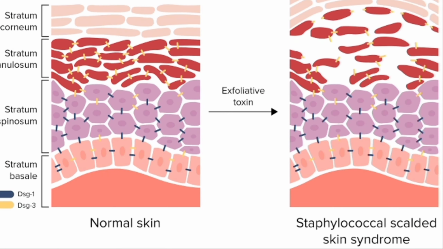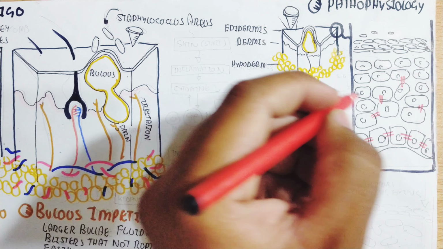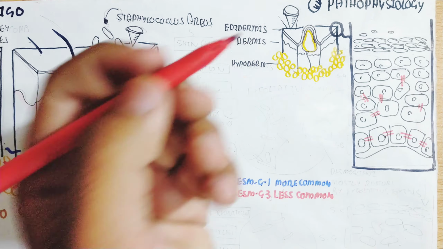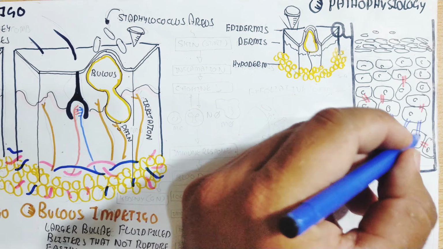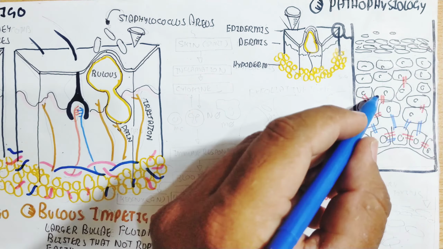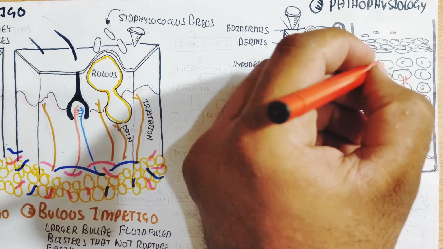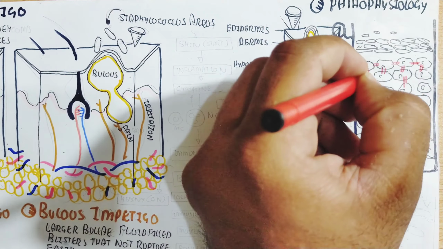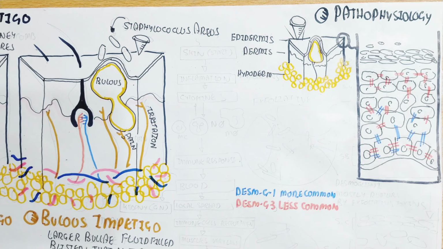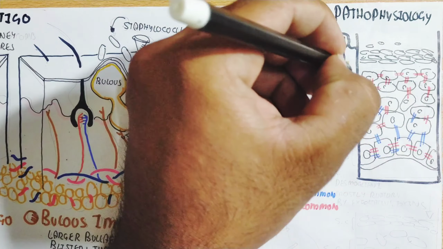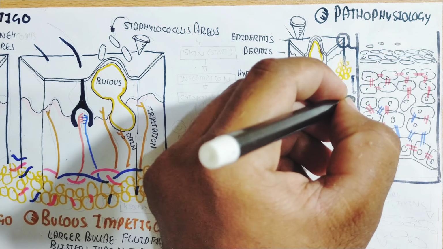The desmosome contains desmoglein protein, basically desmoglein 1 and 3. Mostly in the upper part, desmoglein 3 is less common, while desmoglein 1 is more common. Remember, the red color shows desmoglein 1, while the blue color shows desmoglein 3.